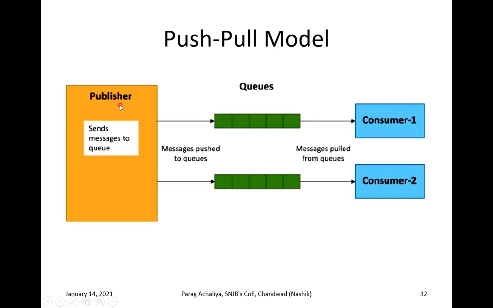Then the 4 messages will be sent to your consumer through the queue, like this. This will be the first, second, third. Likewise, all the messages will be sent.